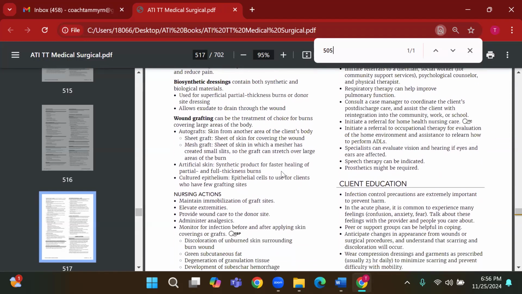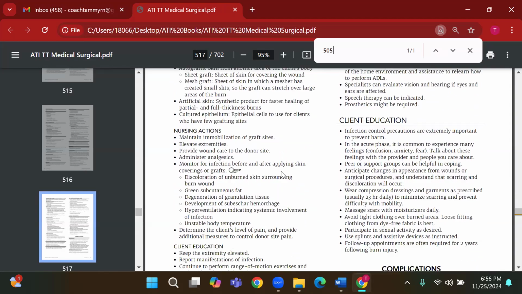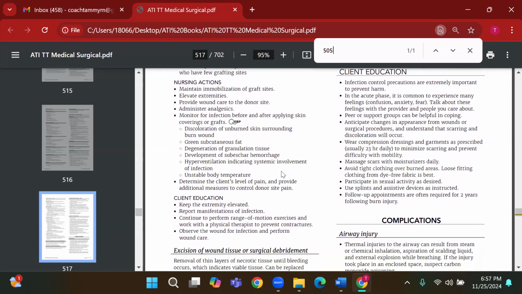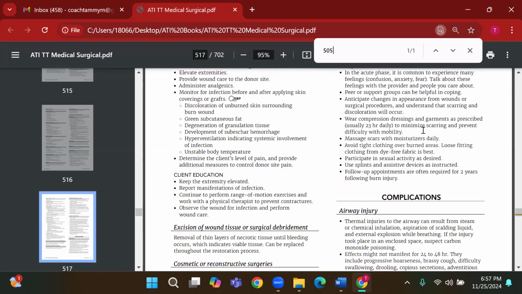I'm going to just look at this for a minute because I don't know if you need all of it. Once again, it says in the acute phase, it's common to experience anxiety and fear. Yeah, we might have to give them a benzo or something like that. And then look, wear compression. I've seen a question before about wearing compression dressings and garments as prescribed.